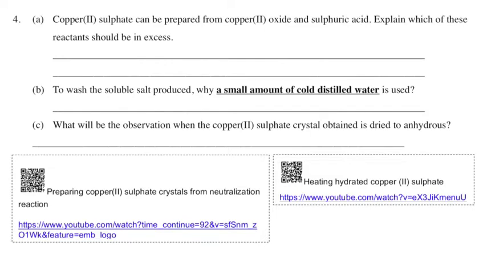But if we have copper(II) oxide in excess, that can make sure there is no sulfuric acid left in the mixture. And also copper(II) oxide, since it's a solid, can be easily removed from the mixture solution. So the answer should be copper(II) oxide.